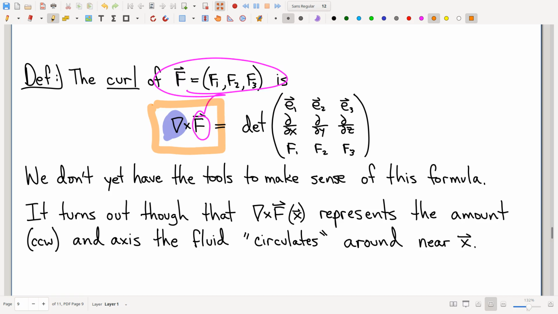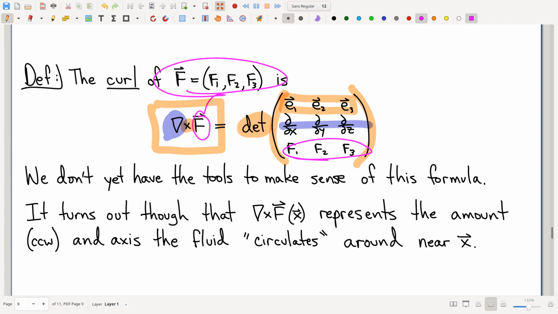And remember, a cross product says you're going to take the determinant of the symbolic matrix that you get when you put the standard basis vectors there, and then the one on the left goes in the next row, and the one on the right goes in the last row. So just following our symbolic rules for how a cross product works, you get this expression.